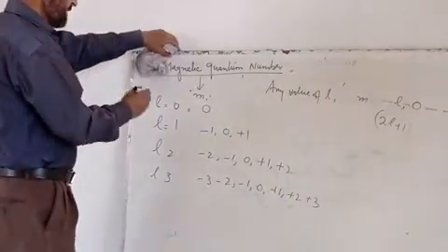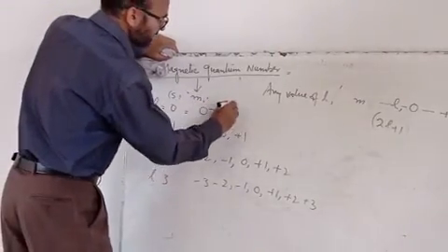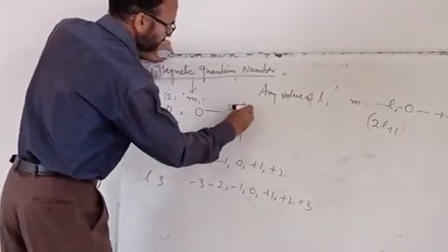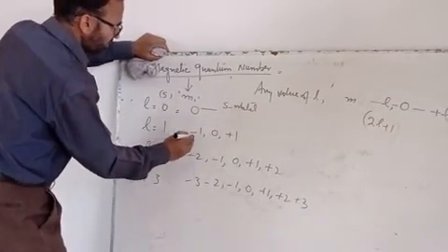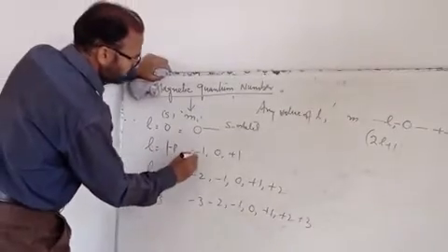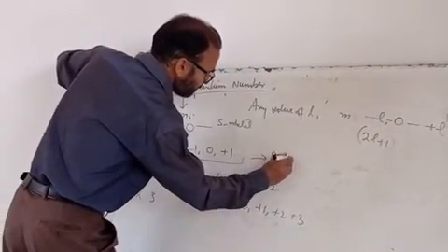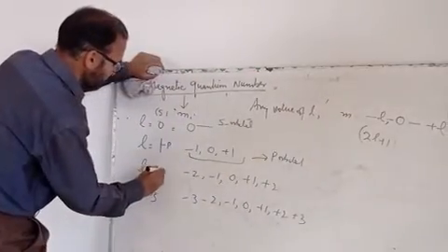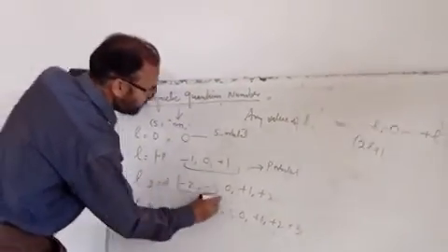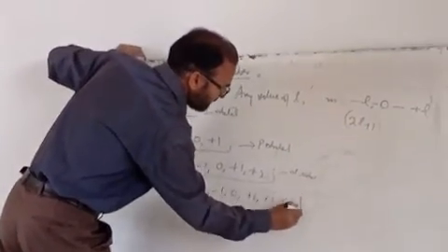If l is equal to 0, this is the s subshell, so this is the s orbital. l equal to 1 is the p subshell, this is the p orbital. This is the d subshell, this is the d orbital. And this is the f orbital.